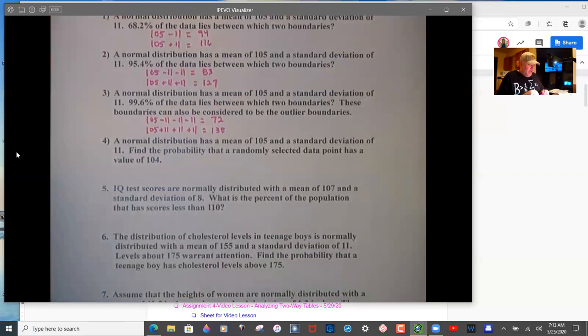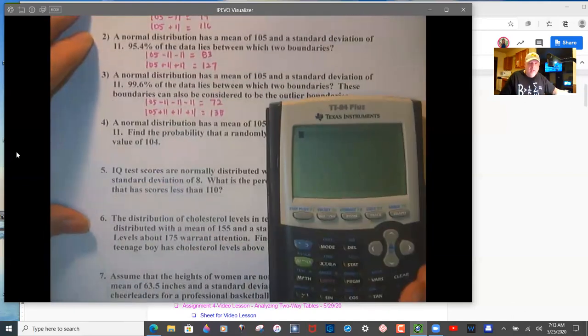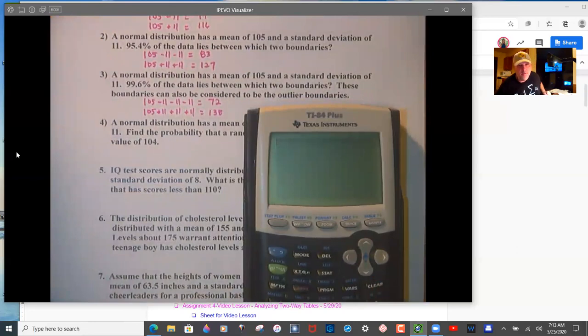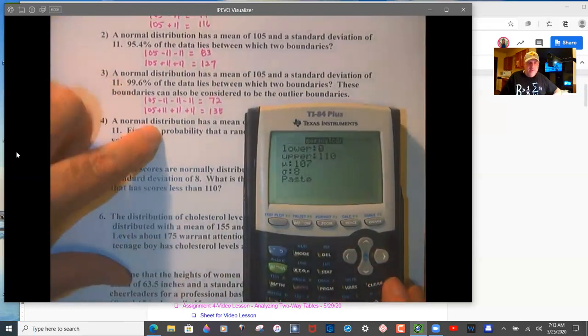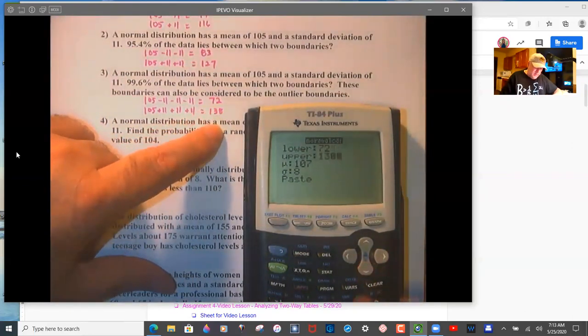On the normal PDF, you should look at that video also, because the video shows you how to do the normal PDF and the normal CDF. If you actually did any of these, let's say I wanted to do 72, and then the upper is 138, and then 105 is the mean, and the standard deviation is 11.